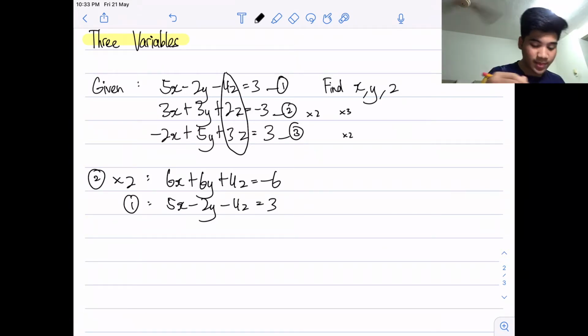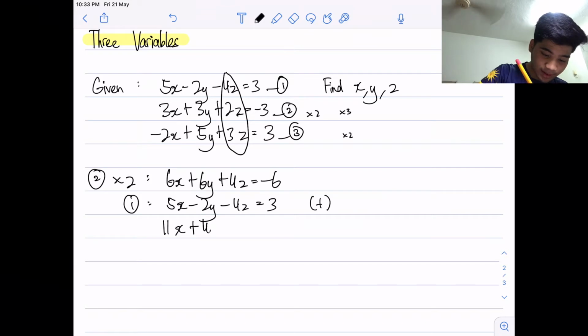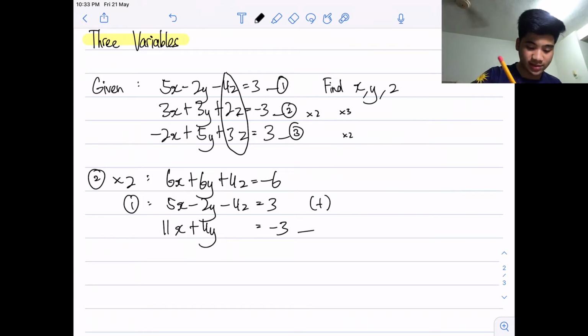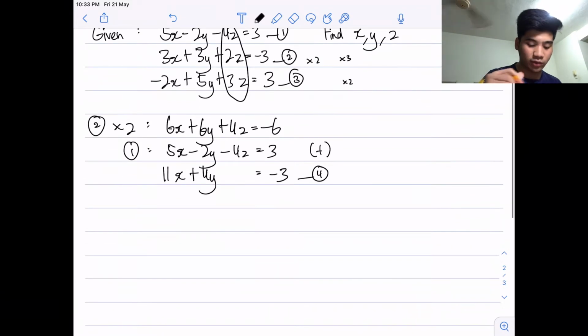So as we can see, both coefficients of z equal 4. That means I can make both of them disappear, right? Since it's plus minus, I'll just be adding. So I'll be left with 11x plus 4y equals negative 3. There you go. That's the first equation that we found. So I'm going to call that equation 4, right?